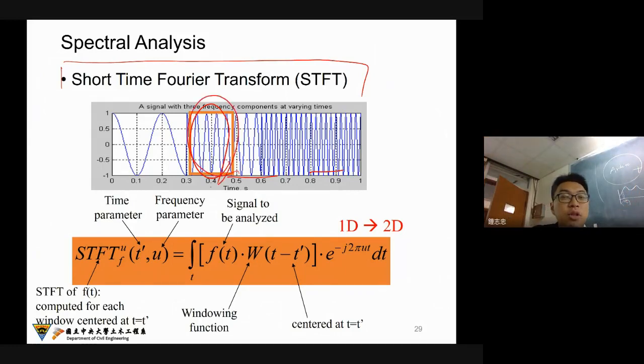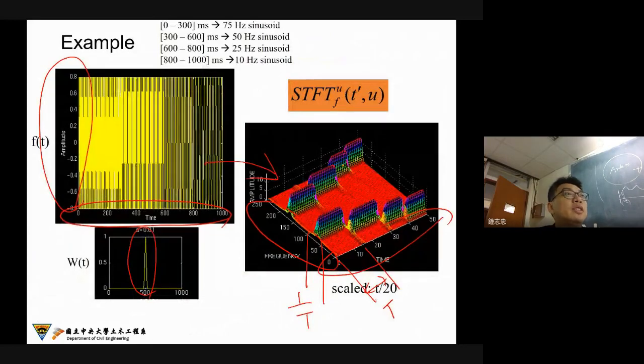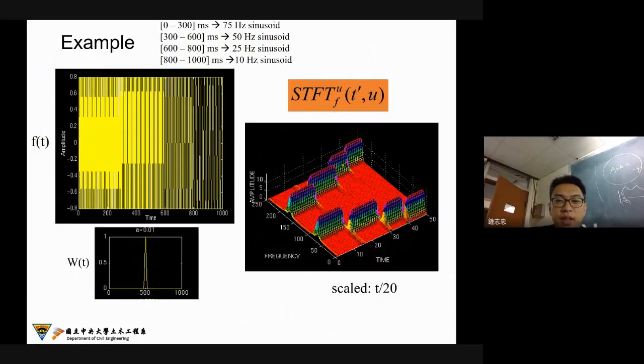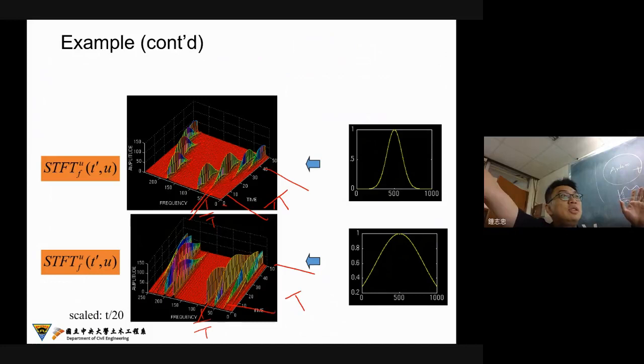Very short time window in the time domain, but low frequency resolution. But if you have a large time domain, you can find a very good resolution in the frequency domain. However, this is the average in this very big time duration.